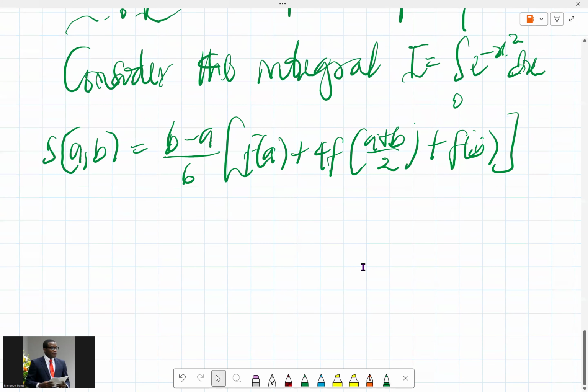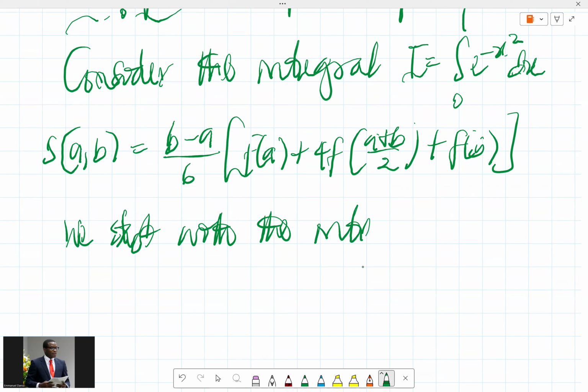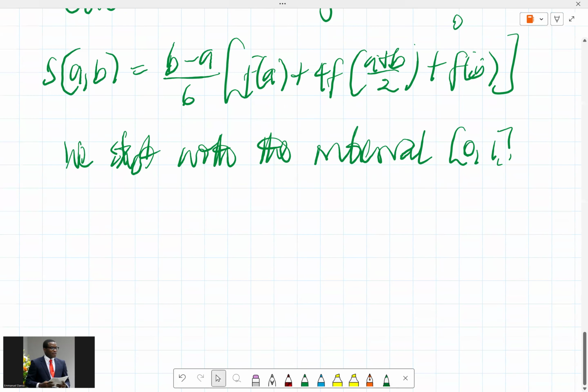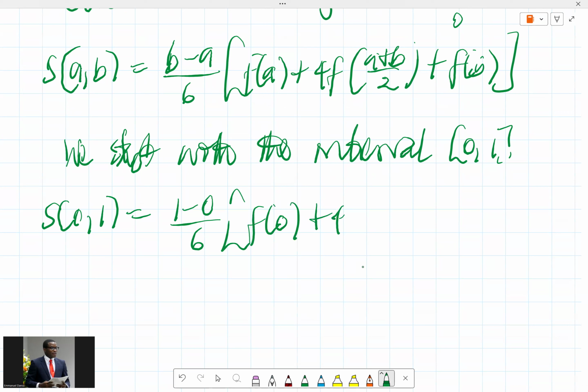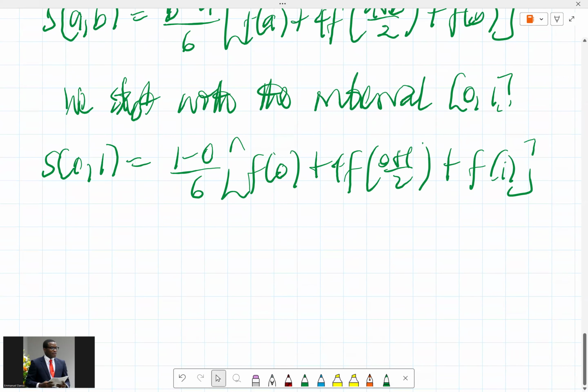So now we start with the interval 0, 1, so that we now have S(0,1) equal to (1 minus 0) divided by 6 of f(0) plus 4 f((0 plus 1) divided by 2) plus f(1), as the two ends.